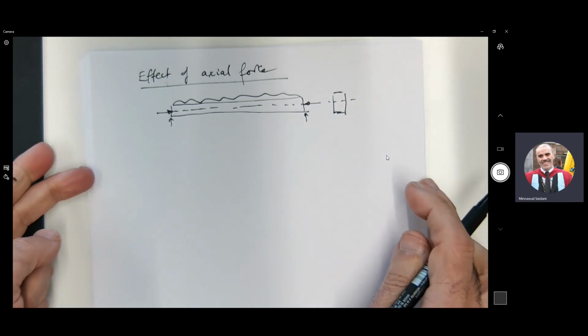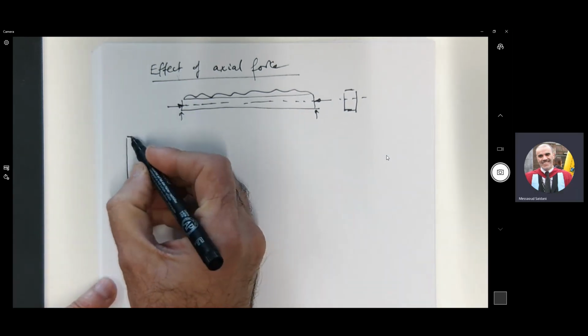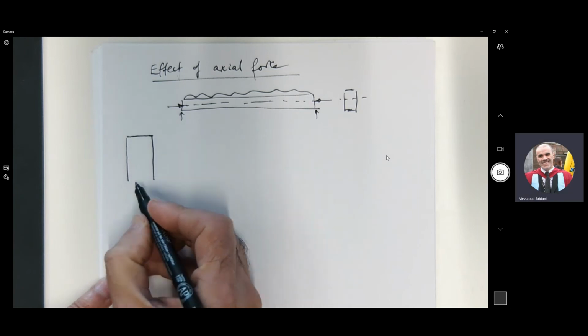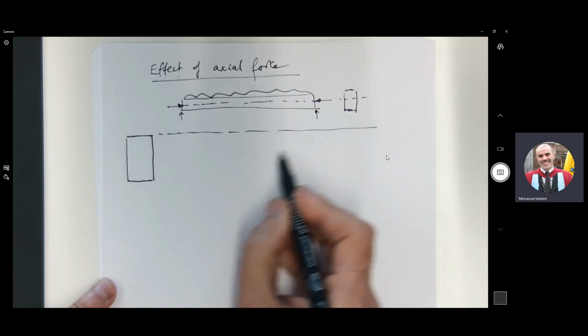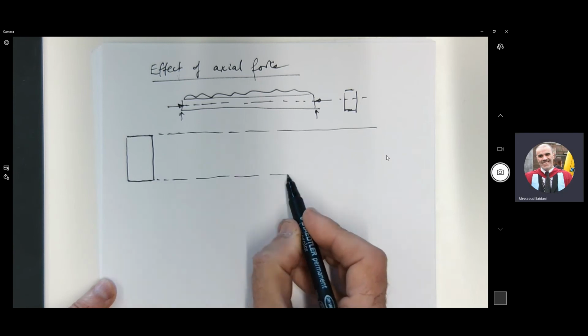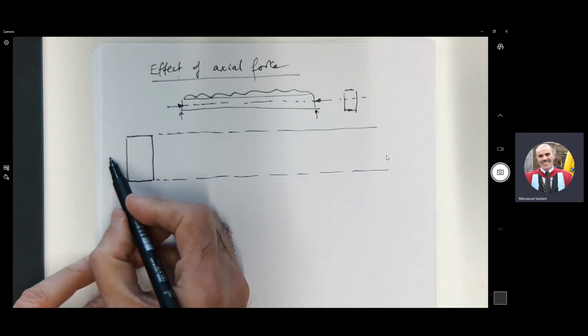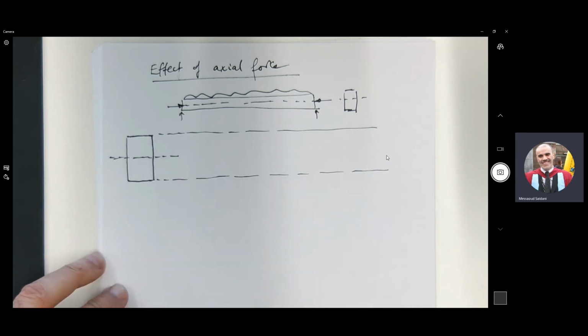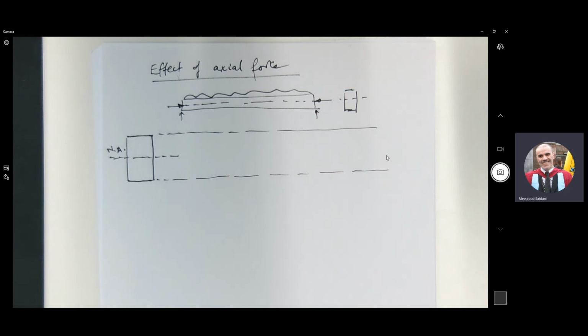So if I draw the stress distribution diagram at the different stages, this is the beam cross section. Leave a lot of space here. So this is the neutral axis. If you want, this is the elastic neutral axis.